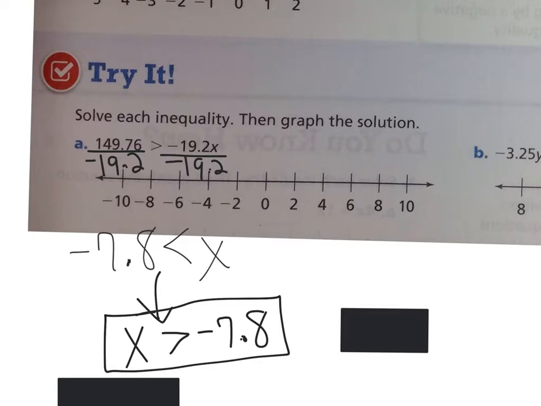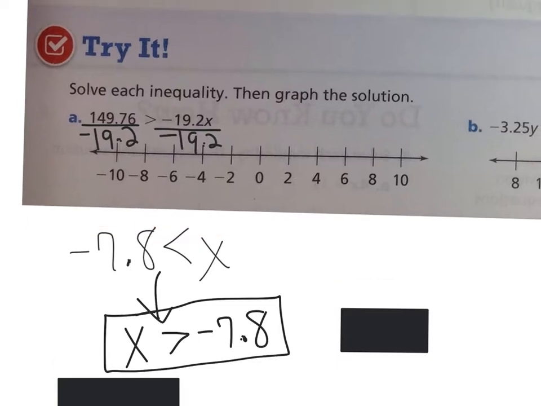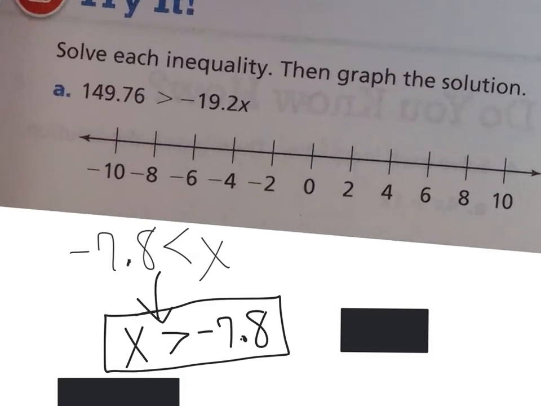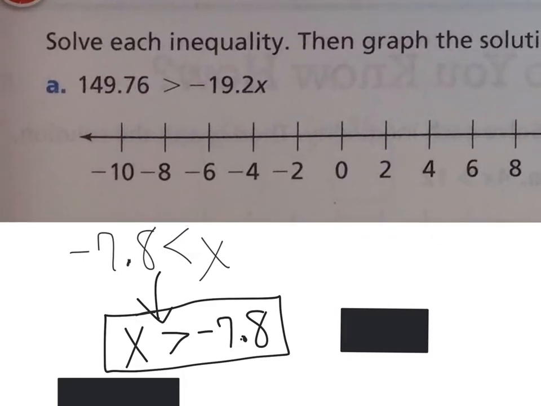If we were to graph that on a number line, -7 8/10 would be between -7 and -8, close to -8. We'll have an open circle, and greater than would go to the right. So open circle going to the right when we graph that one.